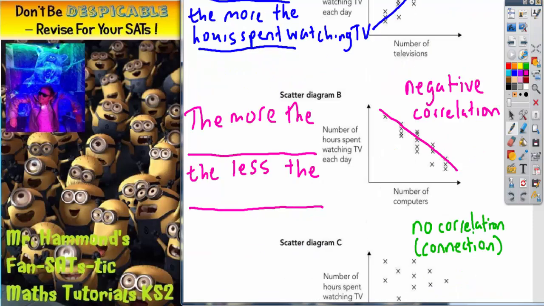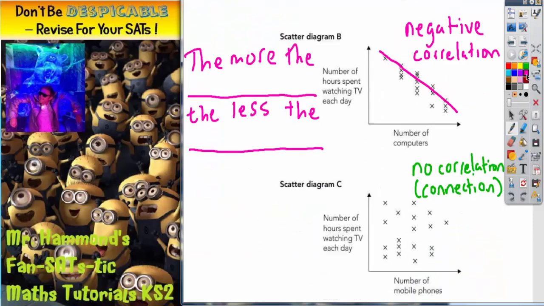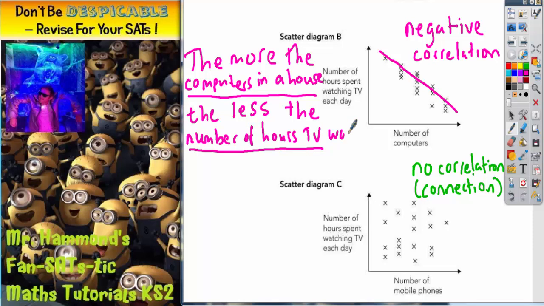So all we need to do now is fill in the blanks. So the more the number of computers, so the more the computers in a house, the less the number of hours TV watched.